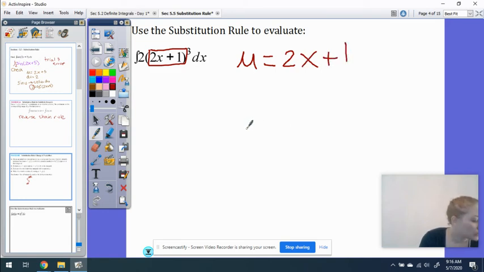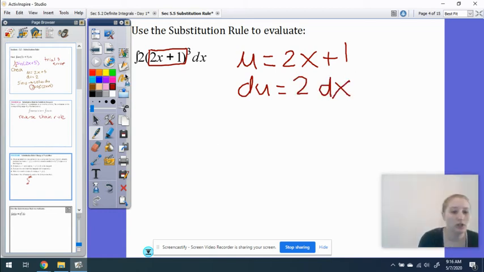Okay, so what's the derivative of that? The derivative of that is going to be 2 dx. Okay, so what I want you to notice now is we have a 2, which is good. And then we also have a dx, which is good, okay?